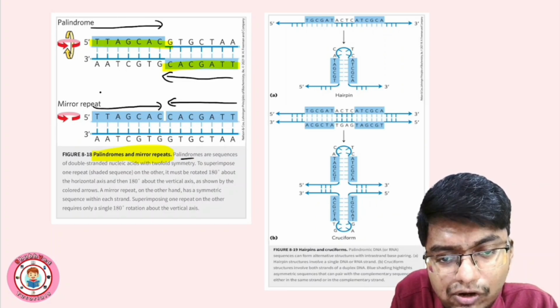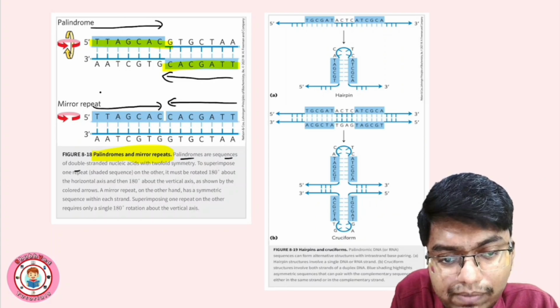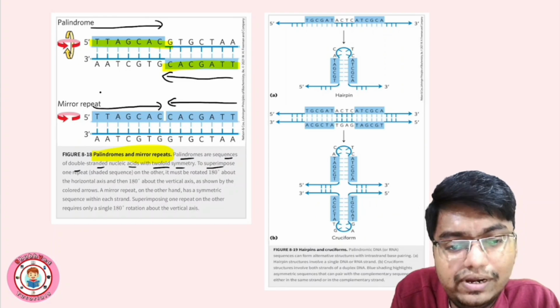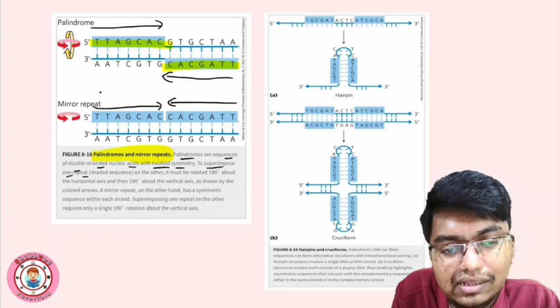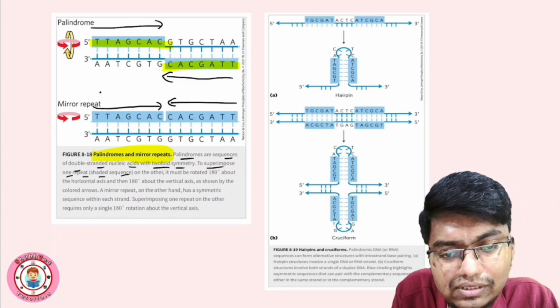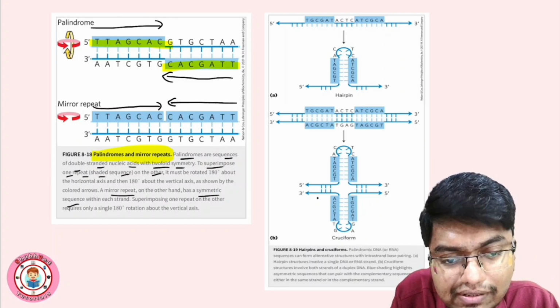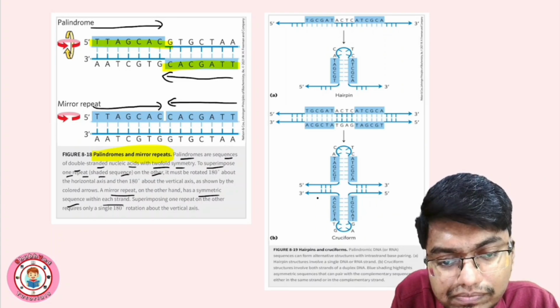Palindromes are sequences of double-stranded nucleic acids with two-fold symmetry, to superimpose one repeat, shaded sequences, on the other. And in a mirror repeat, it is a symmetric sequence within each strand.